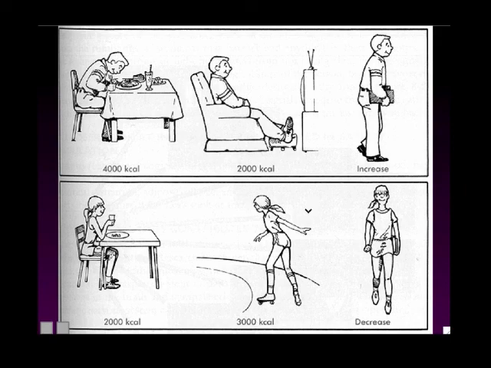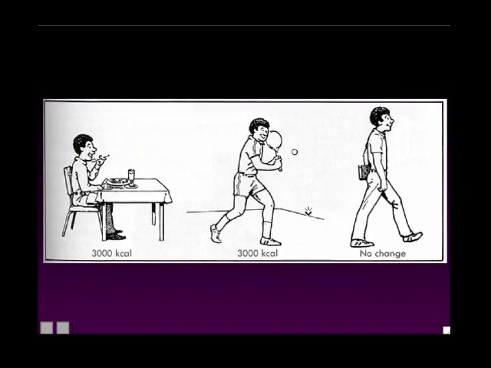Okay, so what I've been showing here is where the calories coming in are not equal to the calories going out, the calories being burned up. So these people are not in energy balance. If we imagine a person like this, so the amount of calories he takes in every day is exactly equal to the amount of calories that he uses every day, we say that that person is in energy balance.